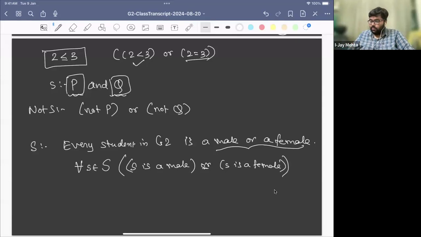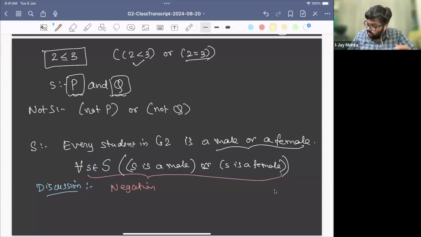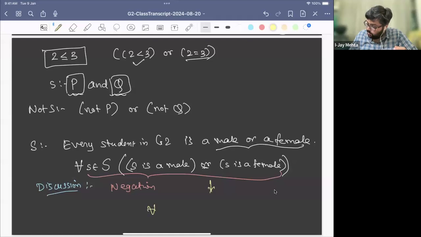Okay, fine. So I want you, in the discussion, to think about this. First thing is the negation. What will be the negation? And second thing, what if I take the quantifier inside? That means if I write this like this, what happens?